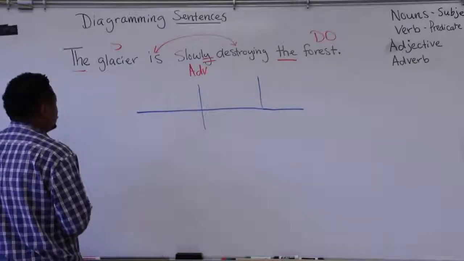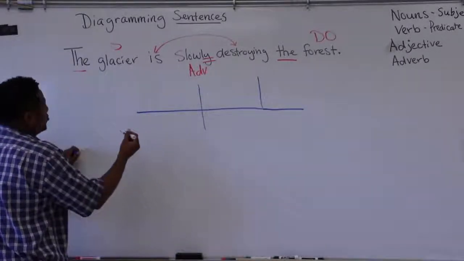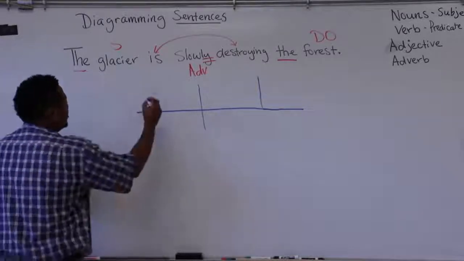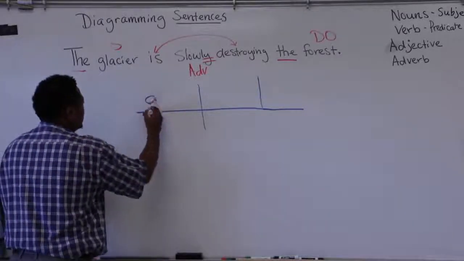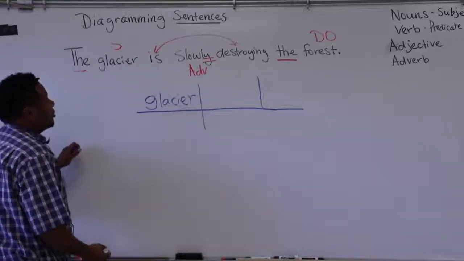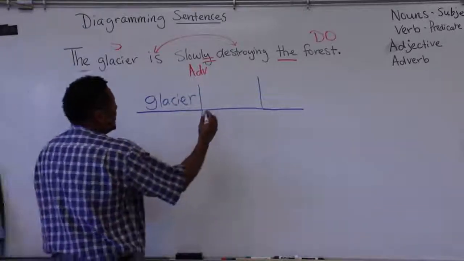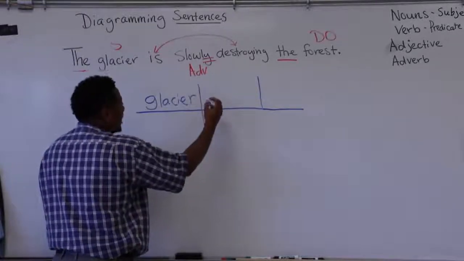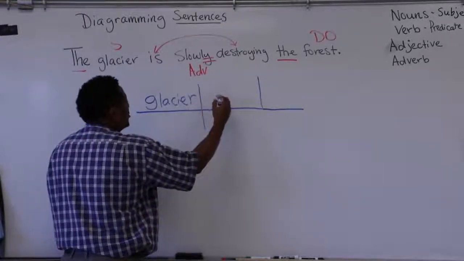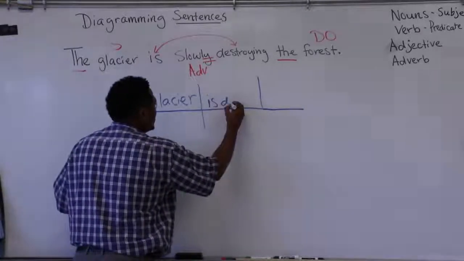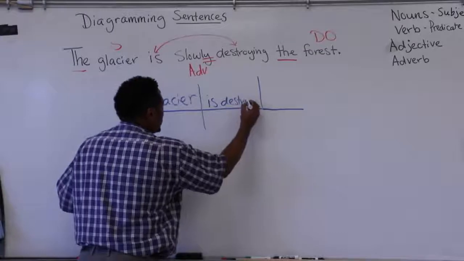So the first part of this diagram is glacier. And then on the right side of the vertical line is your verb, is destroying.